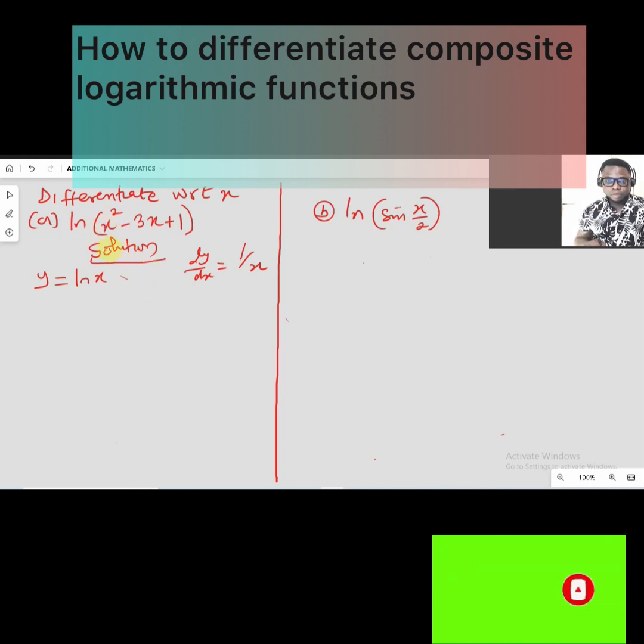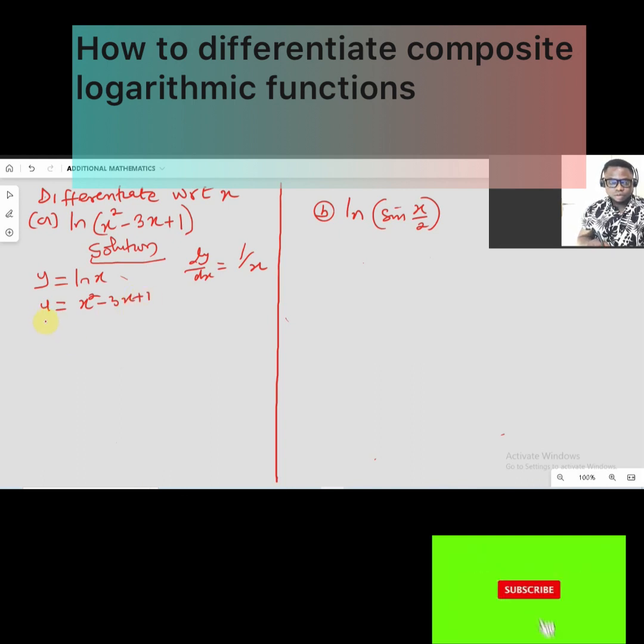Then I'm going to call this x squared minus 3x plus 1 a letter u. So u is equal to x squared minus 3x plus 1.